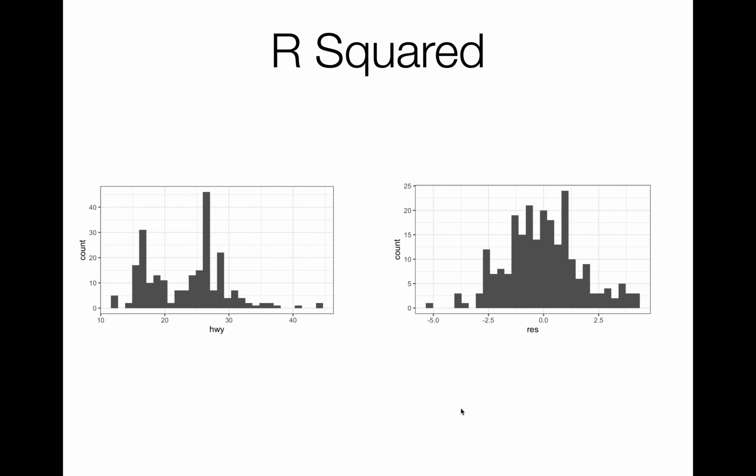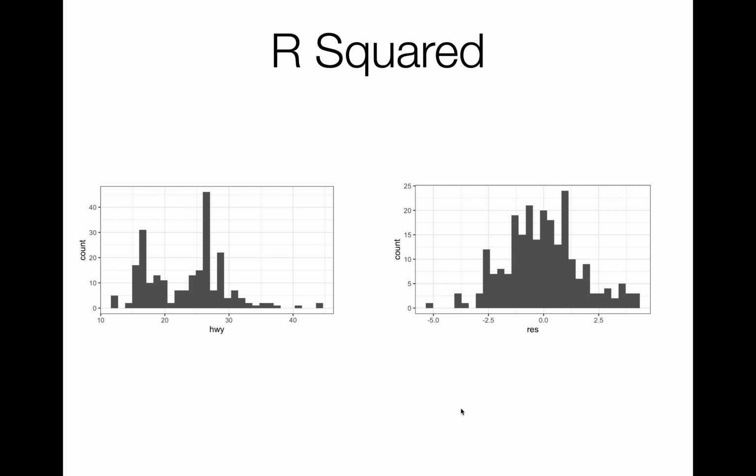Okay, so certainly we know that there are a lot of different heights out there. You can be very short or very tall when you're in college. And here it's city versus highway MPG again.